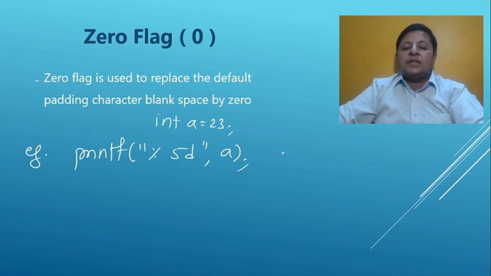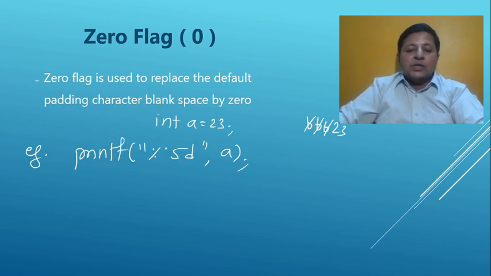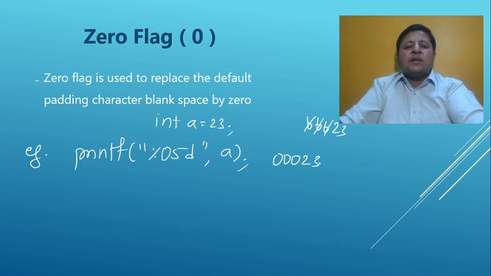In this case we'll have 3 blank spaces and then 23, because 23 contains only 2 characters and the fill width is 5. But suppose I use the 0 flag, the symbol is 0 itself. Then the output is going to be 0, 0, 0, 2, 3. As simple as that. So the 0 flag is used to replace the padding character from blank space to 0.